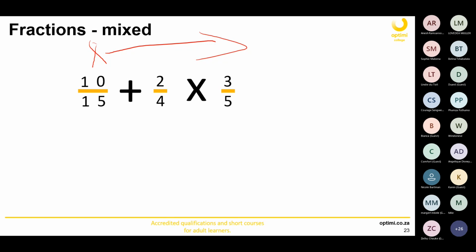That is the wrong way. Is there anyone out there that can tell me what the right way is? Okay. Anyone else? Great stuff.